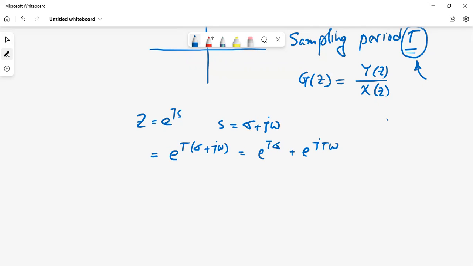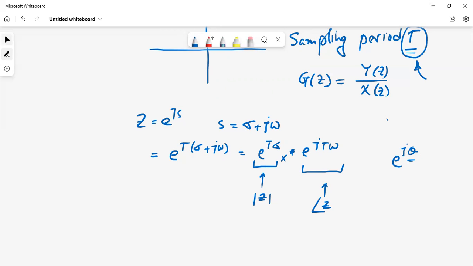Now, as you can see, definitely it will be a multiplication here. So this is nothing but a magnitude, the magnitude of Z, and from this one we can find that it is e to the power j theta. So basically the angle can be obtained from this one. These are the two things.